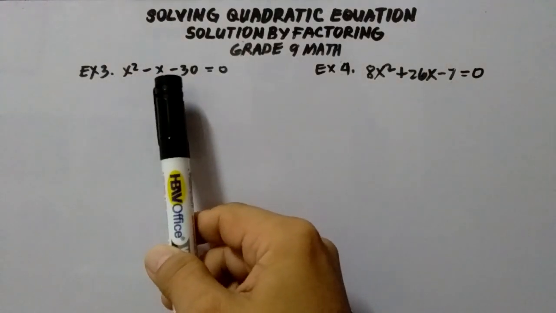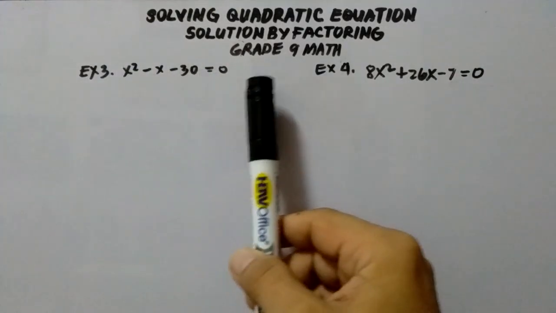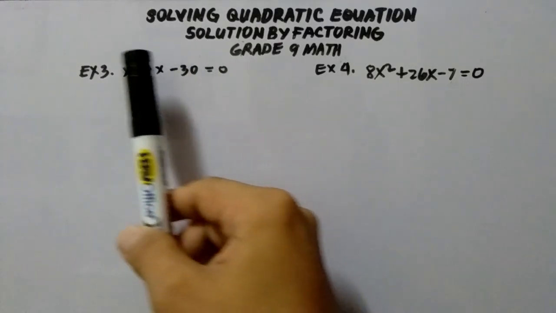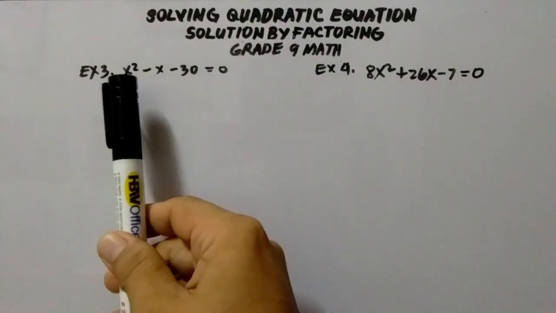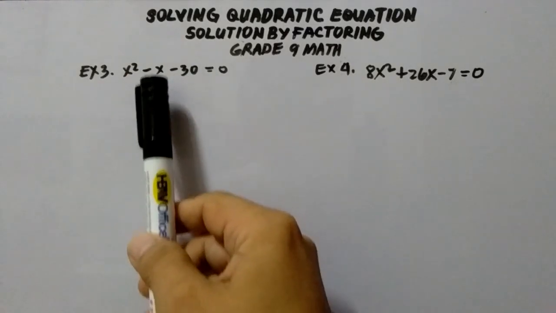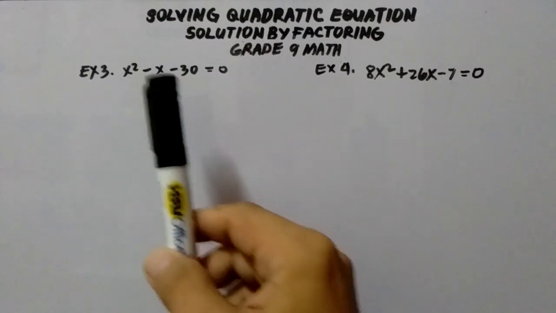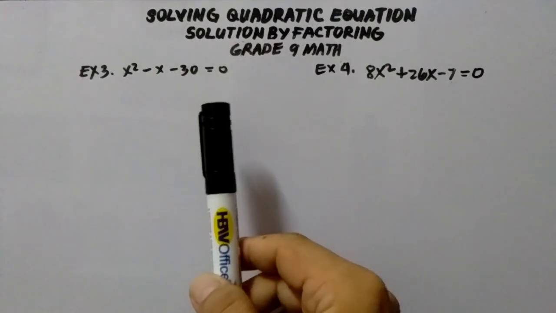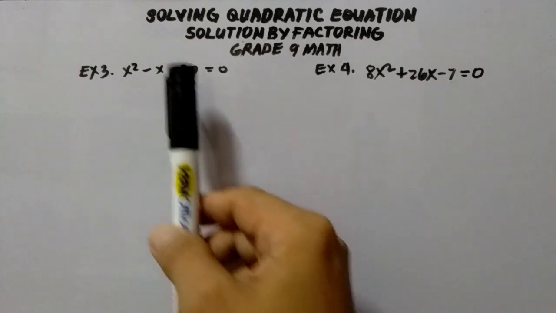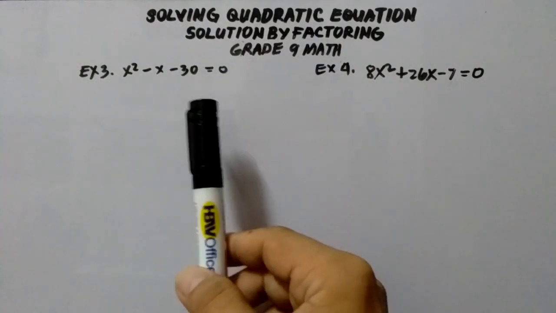X squared minus x minus 30 is equals to 0. So, this type of quadratic equation is in the form of trinomial. Okay? So, before we go on to sa ating solution, sasabihin ko lang po, i-apply po natin dito sa pagsosolve ng trinomial, yun pong trial and error method.